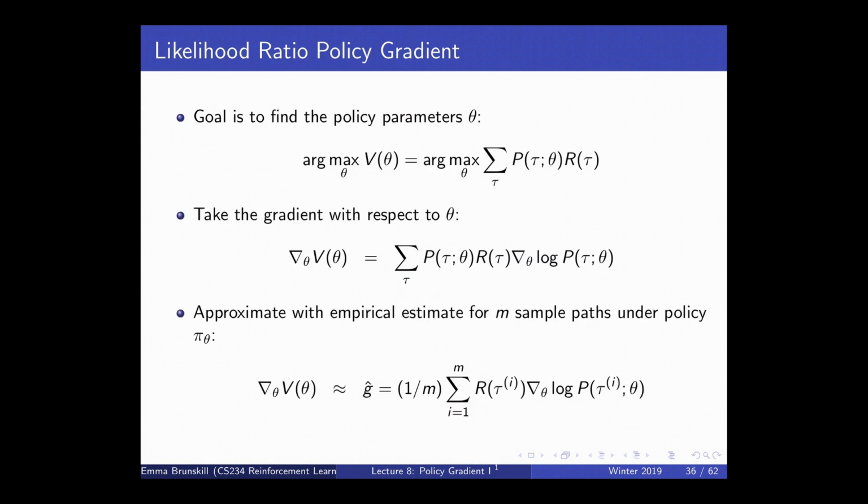Typically, we do this by running the policy m times. The p of tau given theta part drops out, and we weigh all of the trajectories we got during sampling uniformly, then look at the reward of each trajectory and the gradient of the log of p of tau given theta.